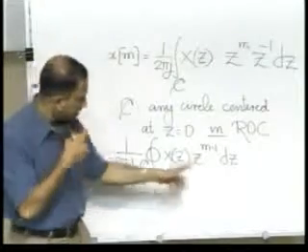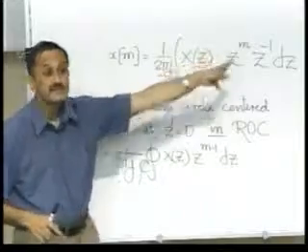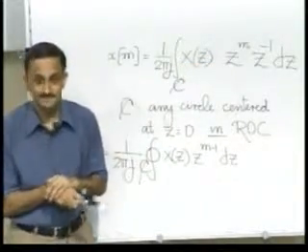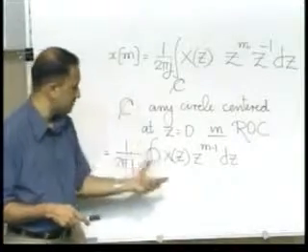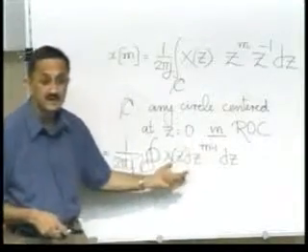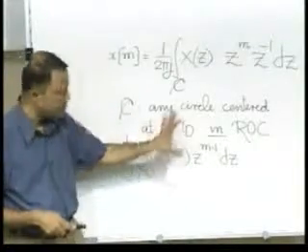The only catch is that here there is z inverse. That z inverse is required to balance out the element of integration here. So although there is a little difference between the nature of the integrand here and the integrand in the inverse Laplace transform, the philosophy is the same.